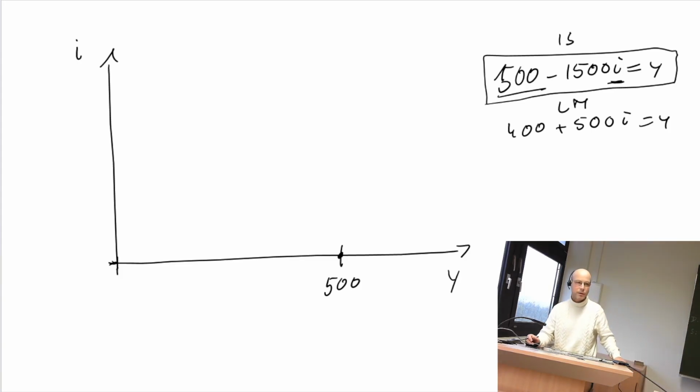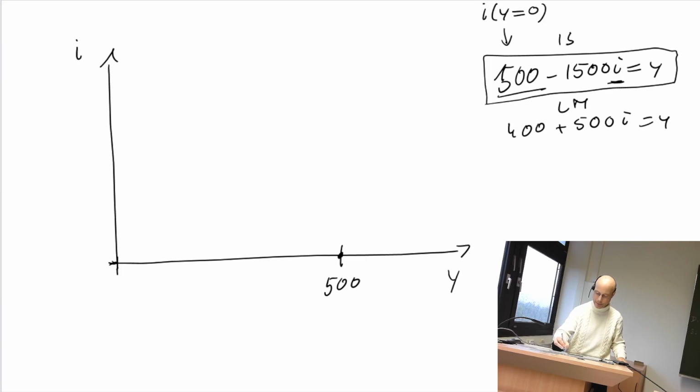Just give me a hint, what do we have to do? So here, i of y equals 0 is... no, not solving for y. We are setting y to 0.